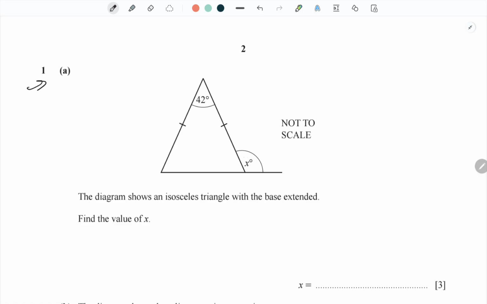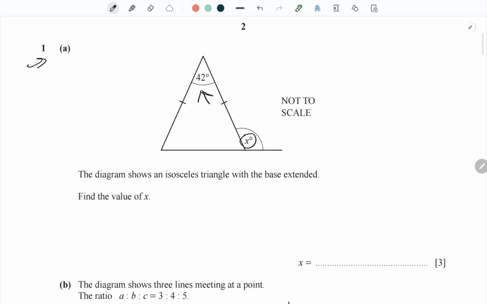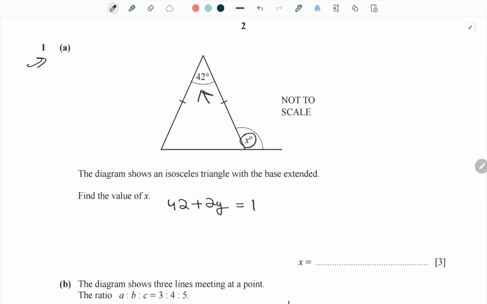So we want to calculate the value of x, and we have the value of one angle given. First, the triangle is isosceles. That means the two base angles are equal, right? So we have 42, the given angle, plus 2y, since the two base angles are equal, equals 180.